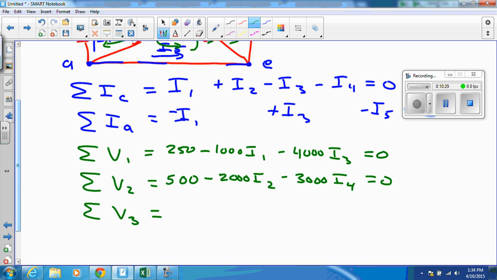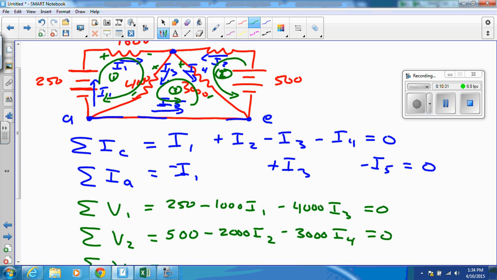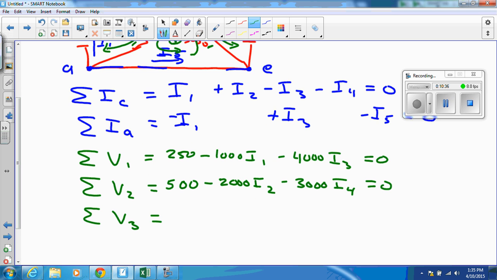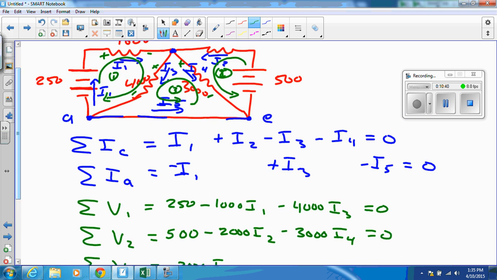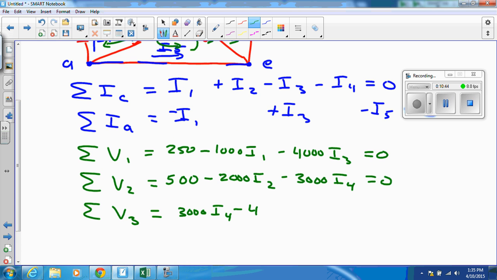So as I go around, I'm going up from minus to plus, so I'm going to go plus 3000 I4. And then, as I continue to go around, I'm going from plus to minus 4000 I3. And all that is equal to 0.